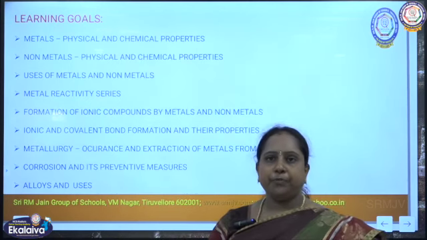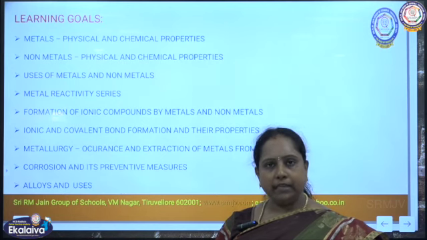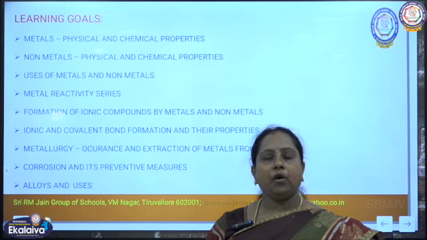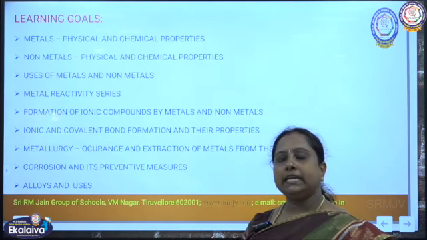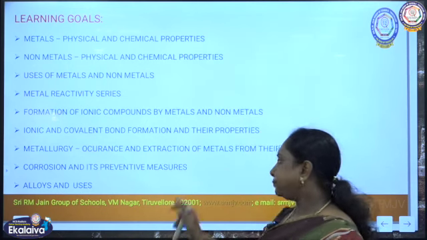Then metallurgy processes, where the metals are available and how they can be extracted. All that we are going to learn in detail in this lesson.